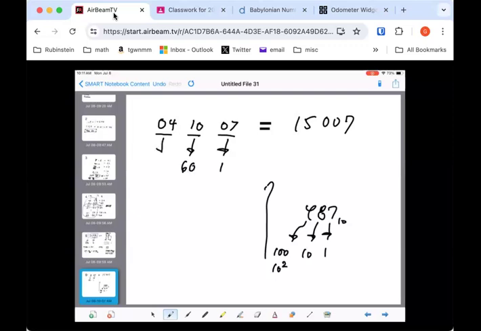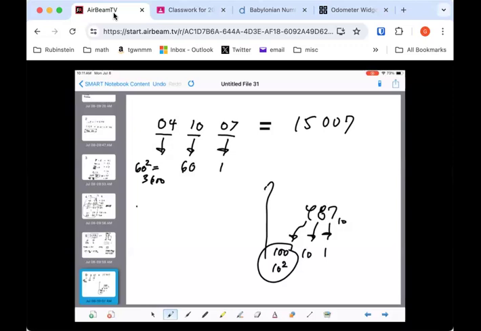And the third one is not the 120s, which is not a bad idea, but it is actually the 60 squareds, which is 3,600s. Just like in base 10, the 100 is 10 squared. So a few people said that perhaps the 4 was in the 120 spot. It's actually the 3,600 spot.